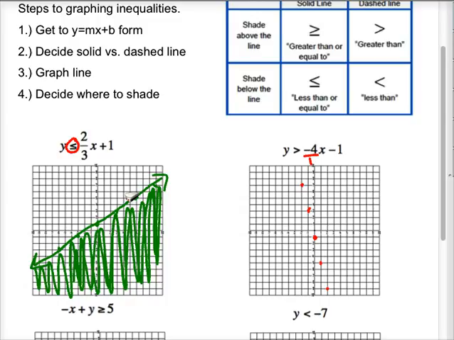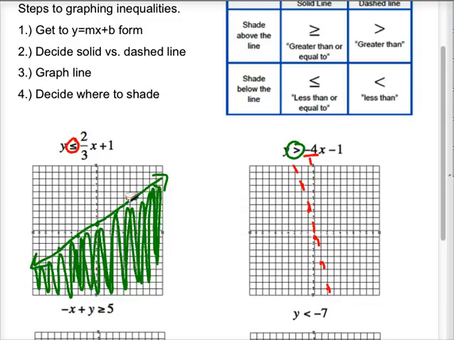Now I need to look at my sign. This time it does not have the "or equal to." It is strictly greater than. Because it's strictly greater than, that's when you get a dashed line, okay?